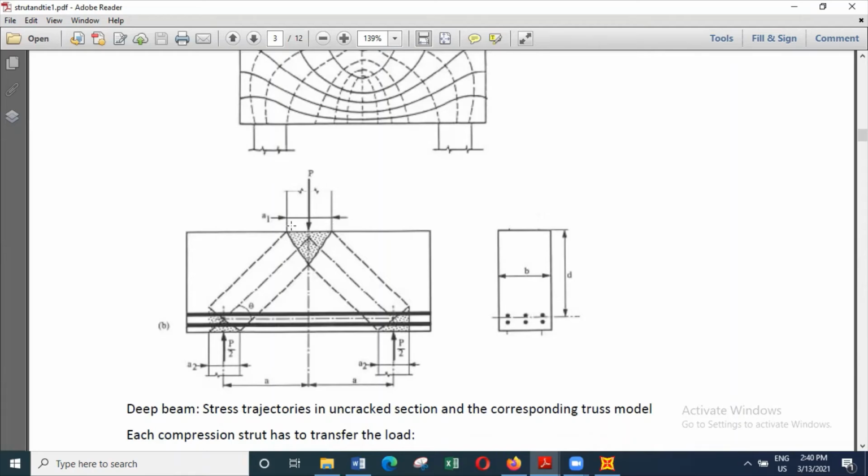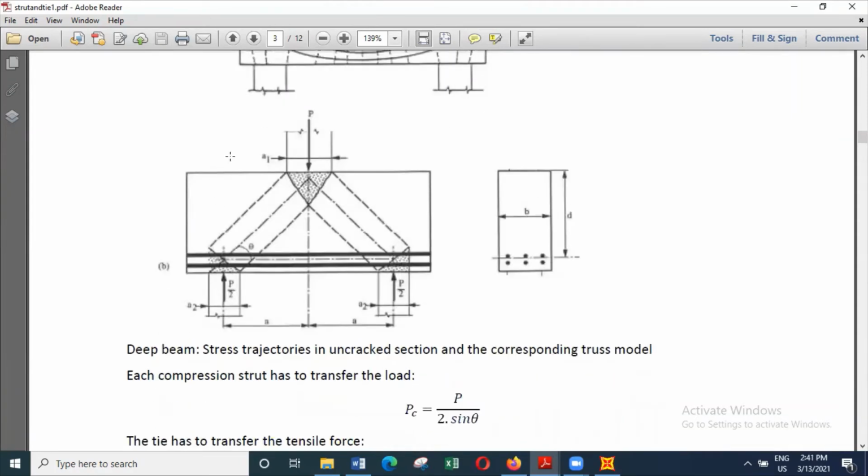And what actually happens is, this load has to be transferred onto the two columns, and it will be transferred at an angle, and this angle will depend on the height of the wall that supports the concentrated load.